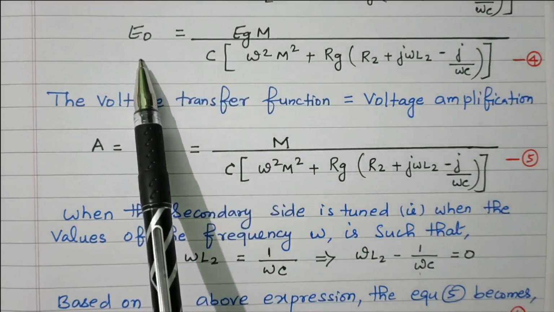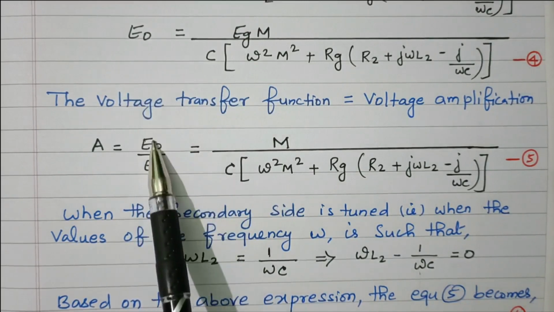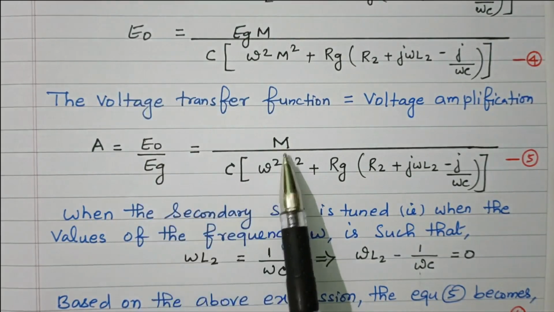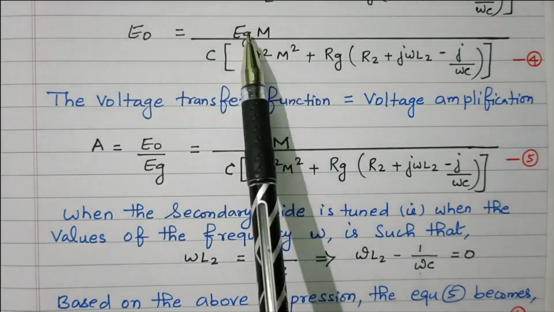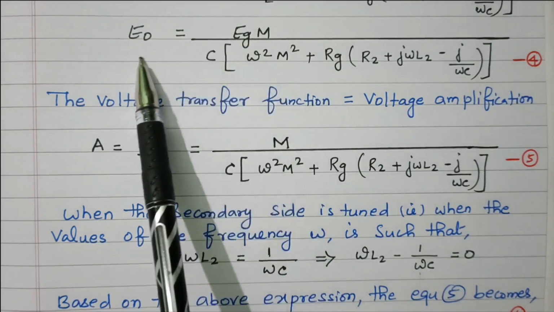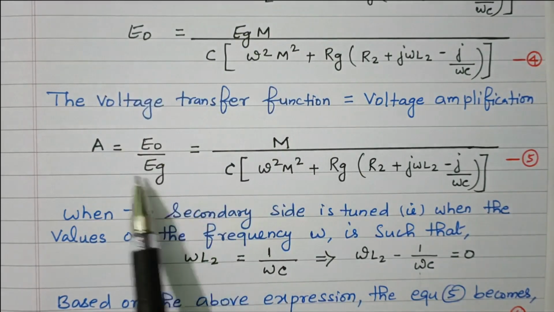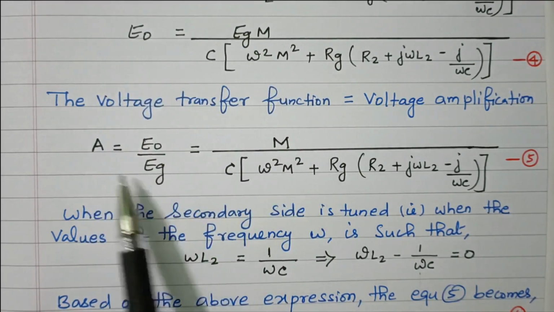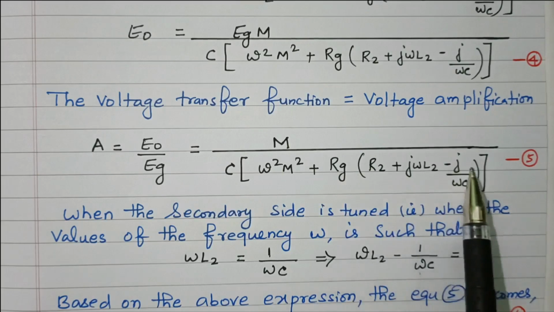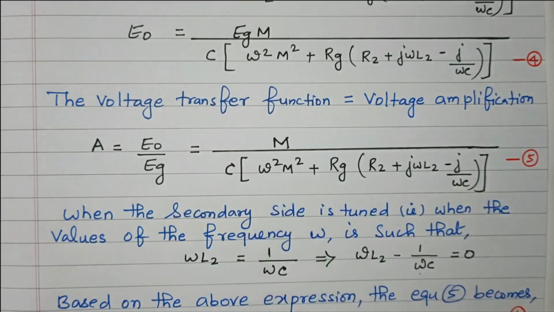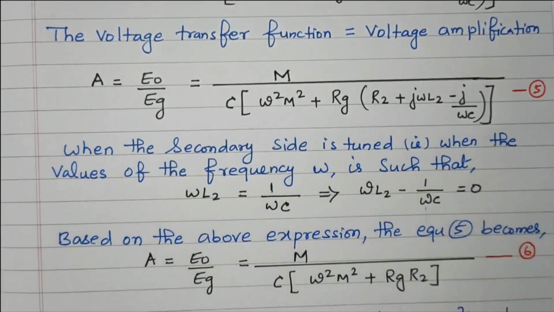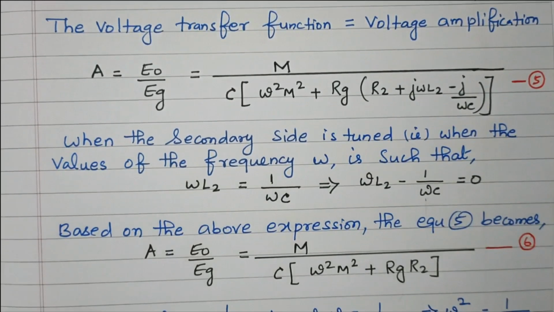So it becomes E naught divided by Eg, that is equal to M divided by this term. That E naught divided by Eg is nothing but the amplification factor. So now we got the expression for amplification factor also, from the output voltage equation.